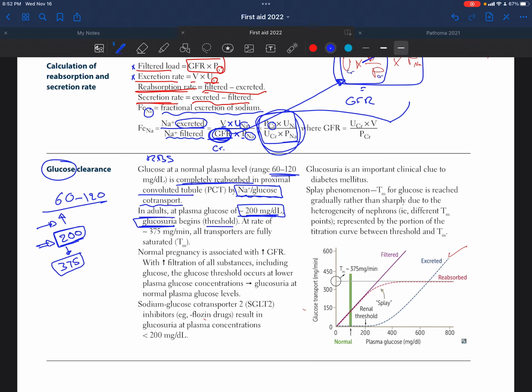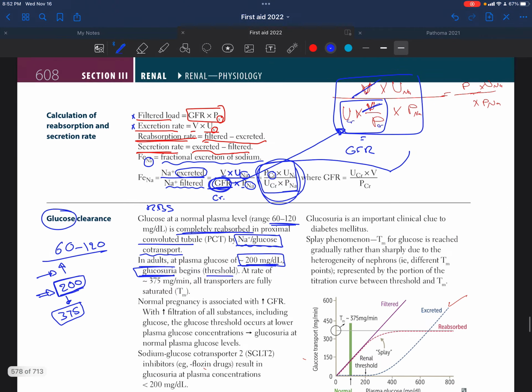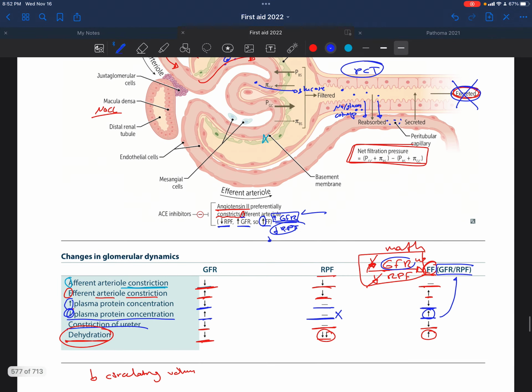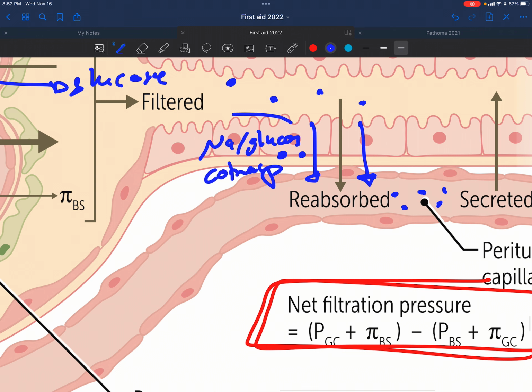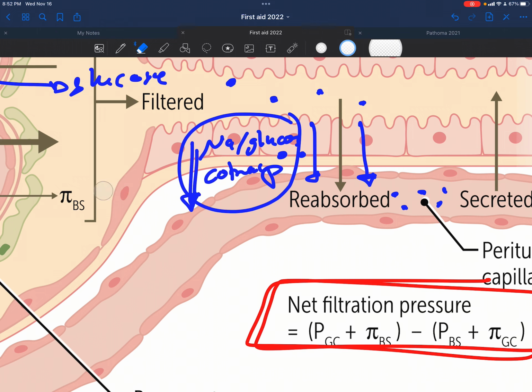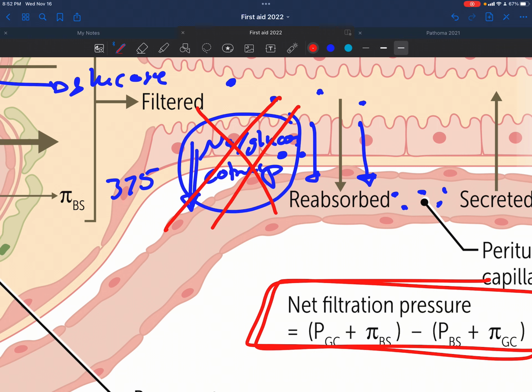That means all of the transporters that we talked about, the sodium glucose cotransporters, which are responsible for transporting glucose back into the blood, at this number 375, all of those are going to be saturated, so they are unable to move any more glucose particles into the blood.